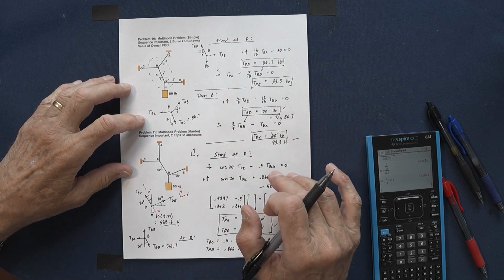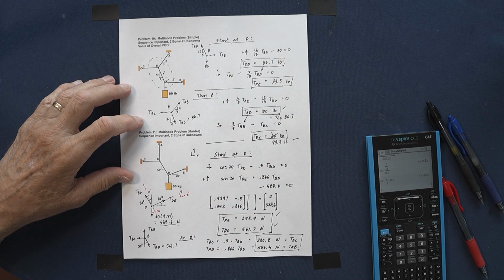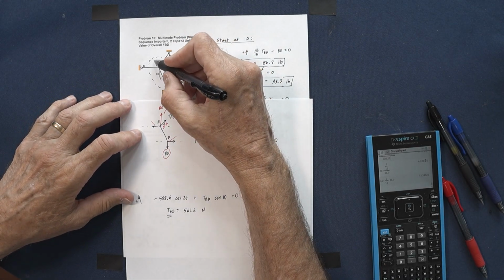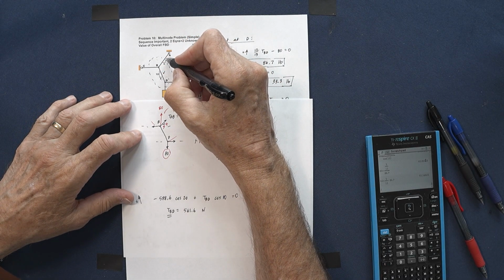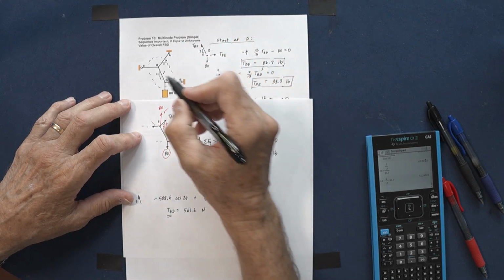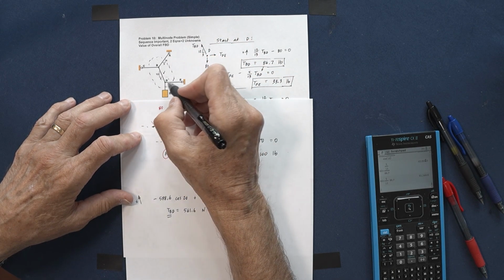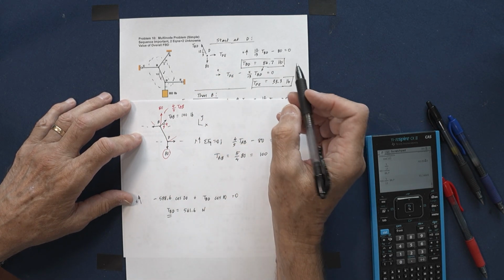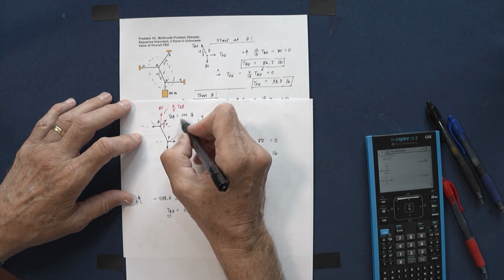But one thing I want to show you is if you draw an overall free body diagram of this piece here, you get BD that looks like this. You have a horizontal one and a horizontal one, and then you have the 80 down. And we determined that TAB was 100.